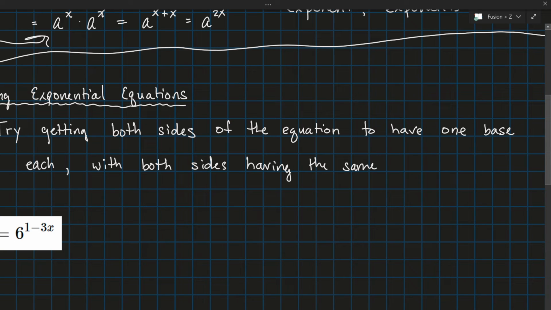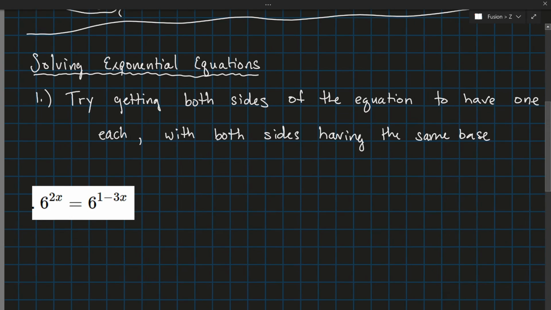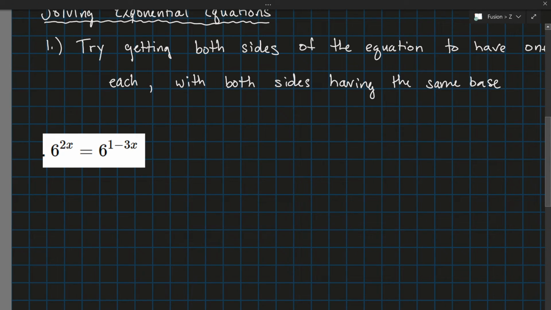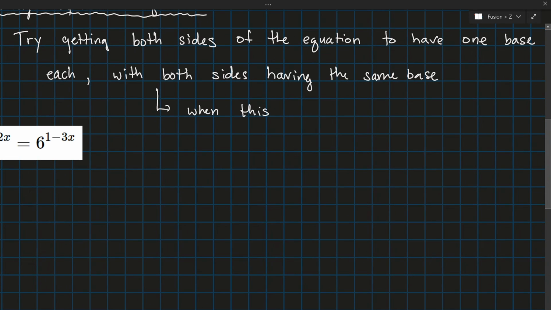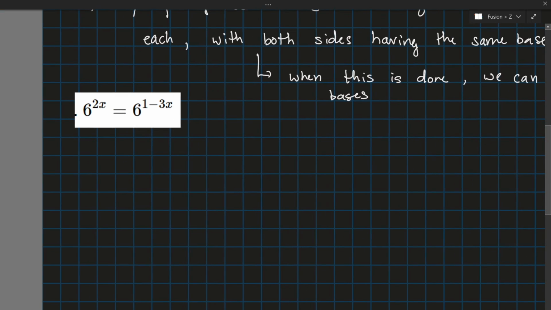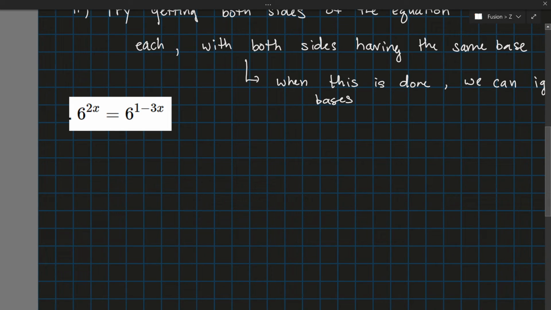Like right there, I could have written that way better. But basically, what I'm getting at is, look here. On this equation, on the left, we have an exponent with base 6. And on the right, we have an exponent with base 6. And when this is done, we can just ignore the bases. So both of these bases are 6. We can just ignore them.